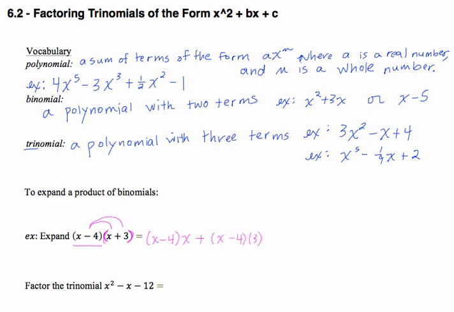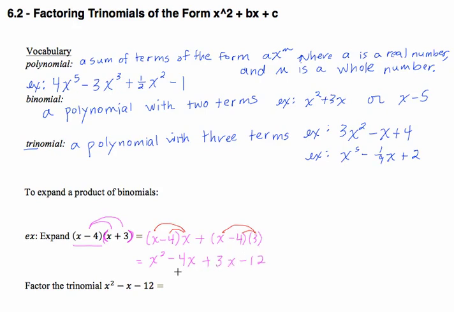Okay, now we can keep going with this because now we can distribute that x over those and this 3 over these. So when we do that, we get x times x, which is x squared, and x times negative 4 is negative 4x. Here we get positive 3x and minus 12. And then always look for things that simplify.